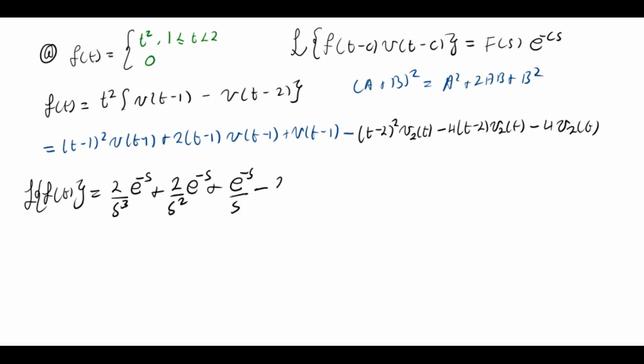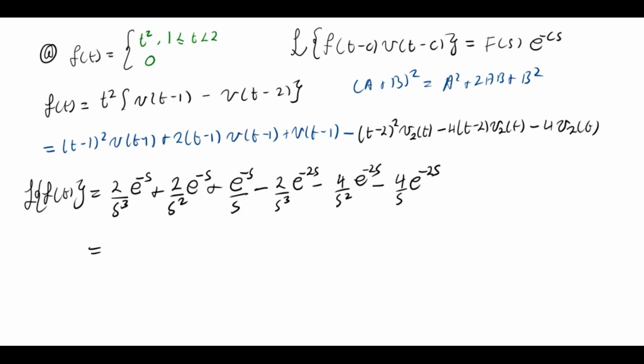So for t squared it is 2 over s to the power 3, then e to the minus 2s, minus, this is going to be 4 over s squared, then you say e to the minus 2s, minus the last one, which is going to be 4 over s e to the minus 2s, like that.